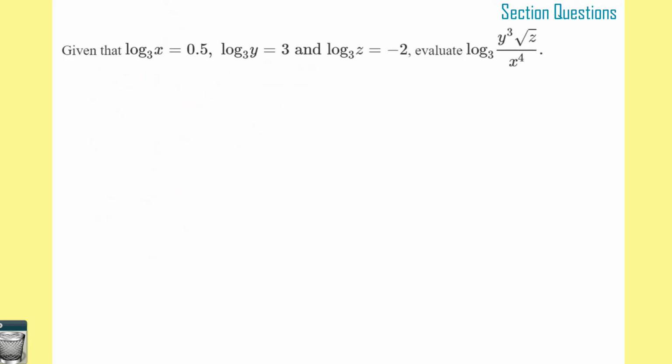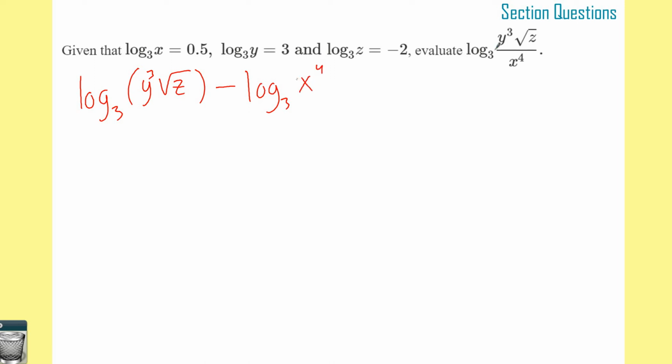Next one, we have log base 3 of y cubed square root of z over x to the 4th. Ugh, another gross one here, so we separate it out. We're going to have log base 3 of y cubed square root of z minus log base 3 of x to the 4th.